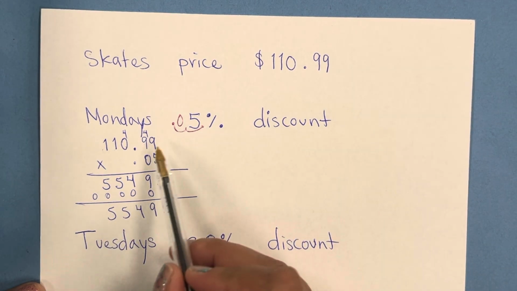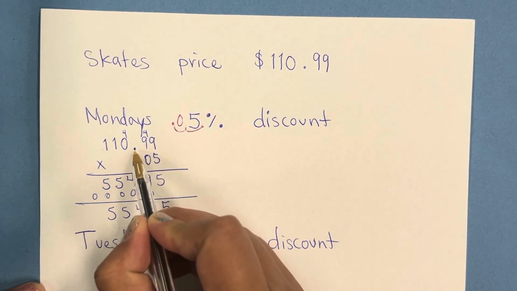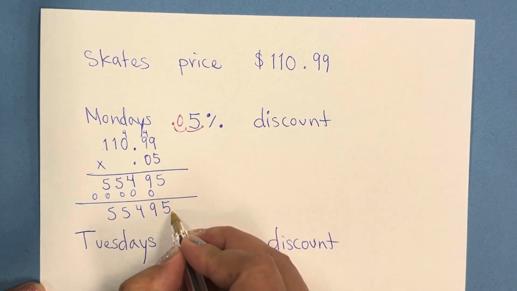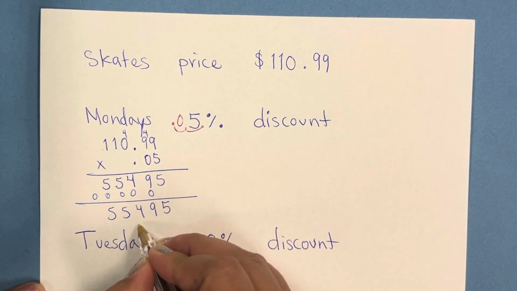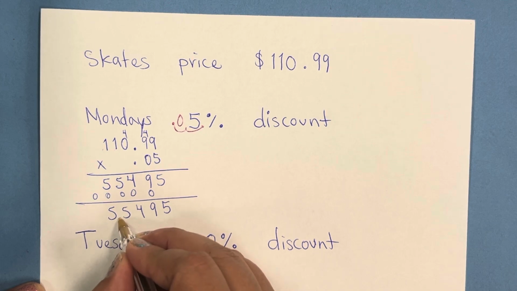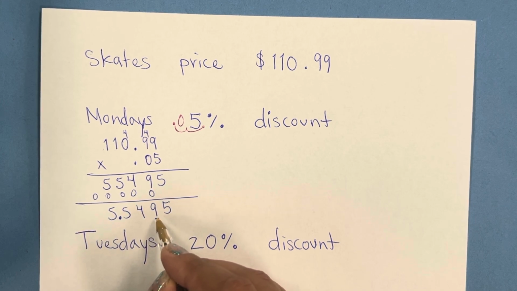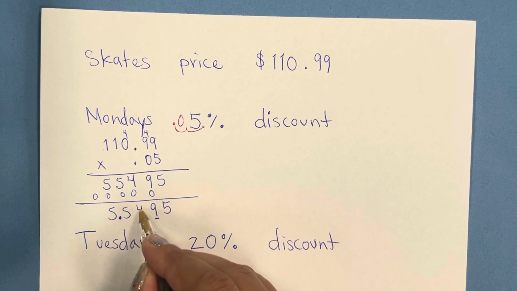Once you multiply, you count how many place values you have in here. 1, 2, 3, 4. So you go back 1, 2, 3, 4 spaces to the left. And if we round, the cents end up here in the hundredths. So if this number is 5, 6, 7, 8, or 9, you will round up to the next value.